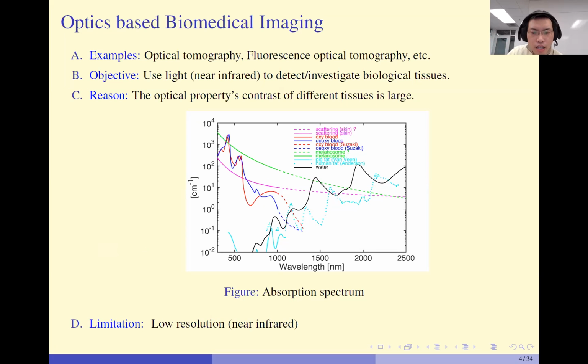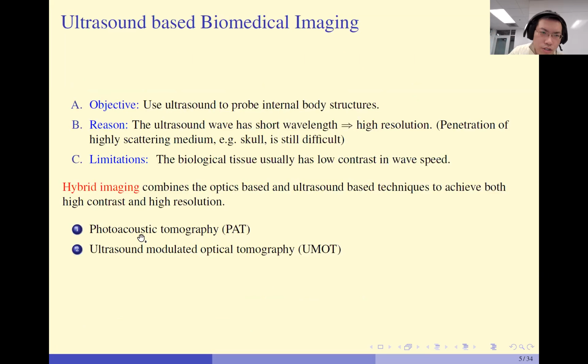The second modality that I want to introduce is ultrasound-based imaging. This is also a popular modality for biomedical imaging. The basic experiment is to probe ultrasound into the medium and then collect the outgoing ultrasound information.